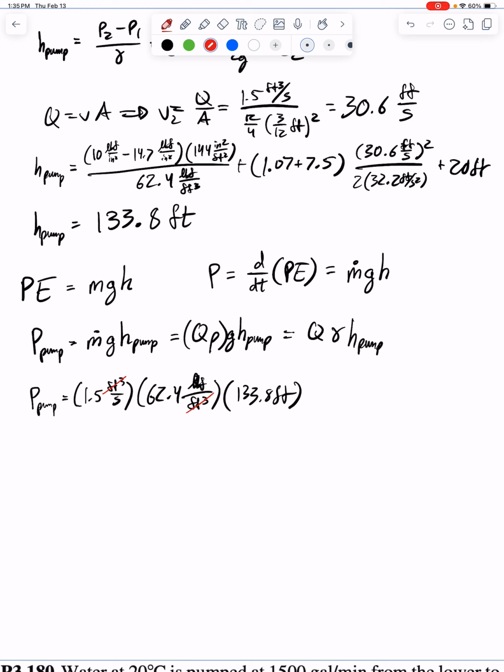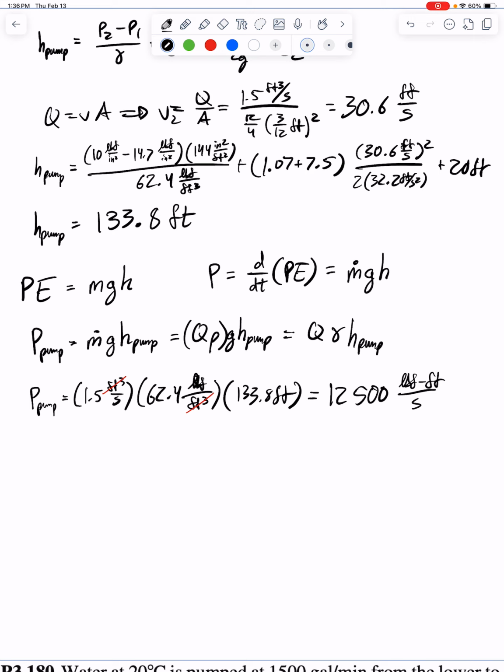It's like force times distance, which is work. Work is energy, and energy per time, per second, is essentially power. So we maintain the units of power, which is good. And this would get us 12,500 pound force feet per second.